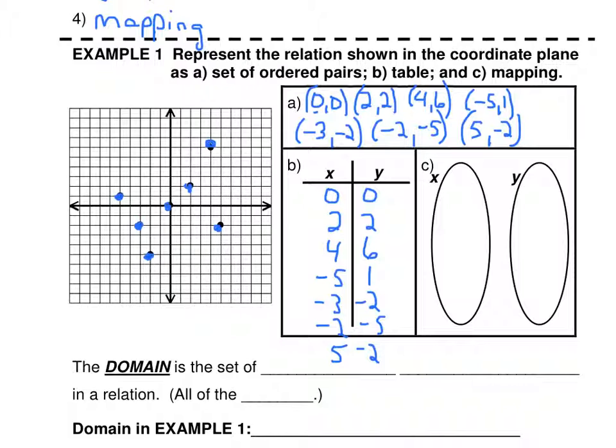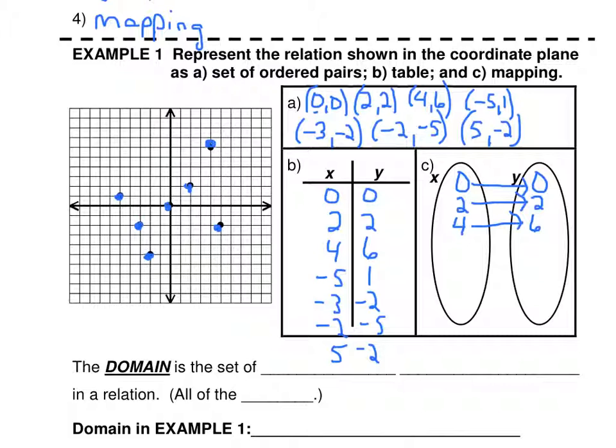So let me show you. First, you have 0, 0. So then that ordered pair goes together. Those 2 points go together. Then you have 2 and 2, which is there. Then you have 4 and 6. So you're mapping them by drawing arrows from an x to a y to show that they're related.